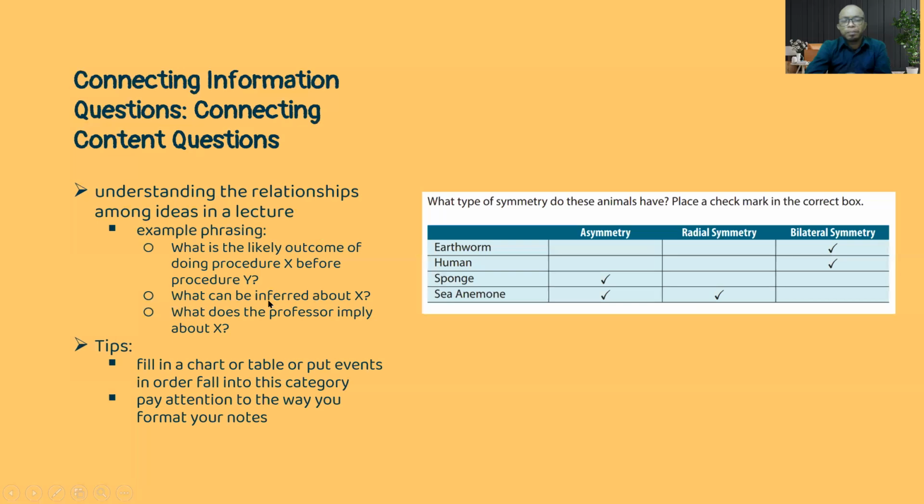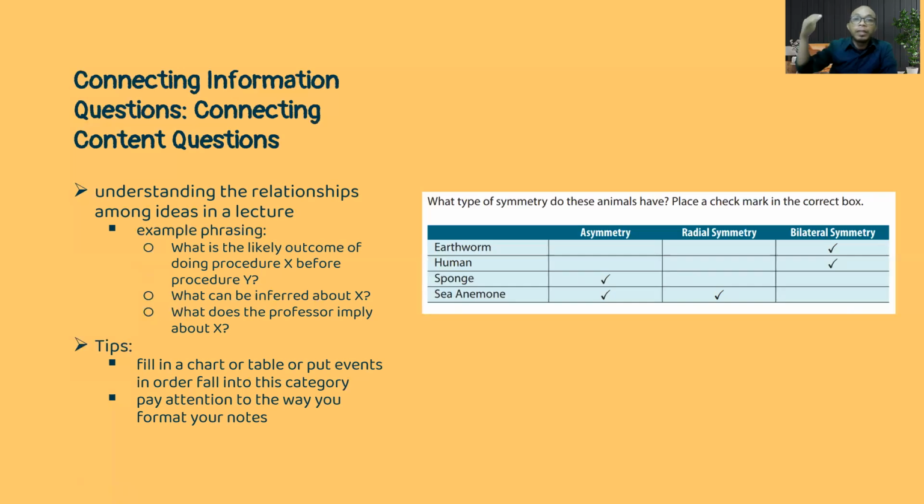All right. Now, the tip for this is that fill in a chart or table or put events in order fall into this category. So you need to remember that this type of question is about connecting content. And then to help you with this, the best strategy will be to arrange your notes in the way the information is presented in the lecture.